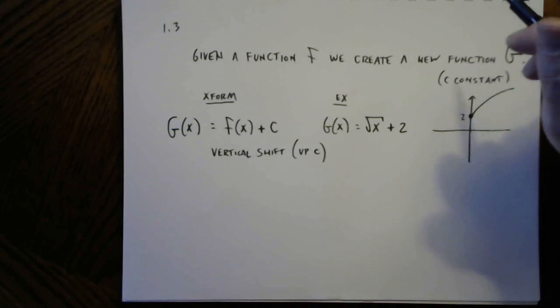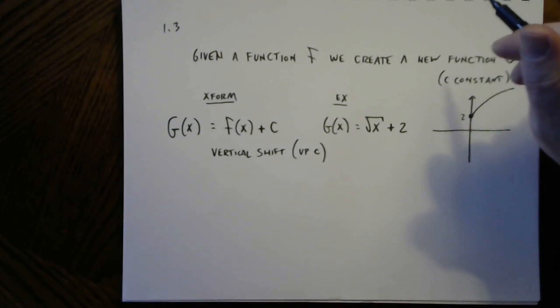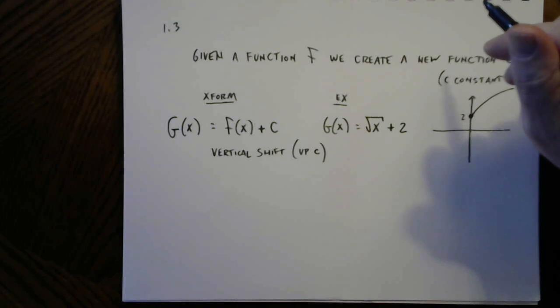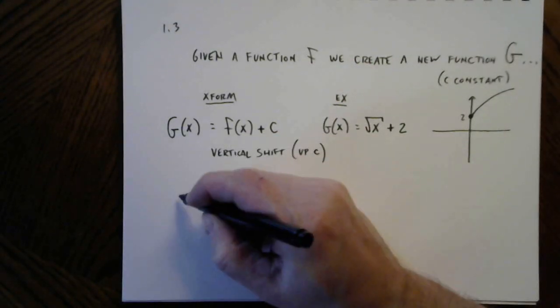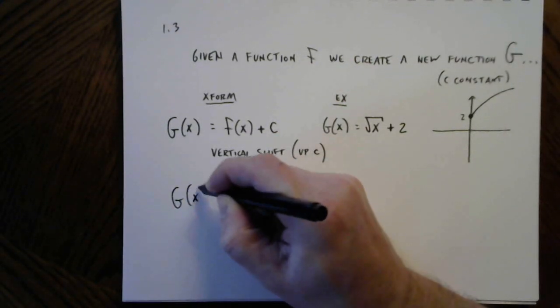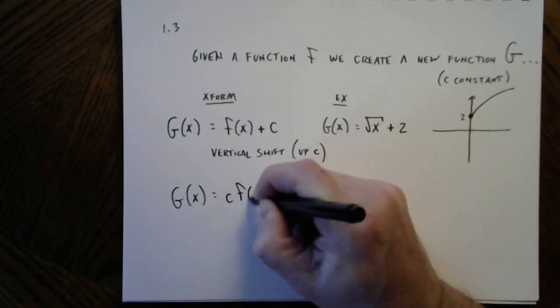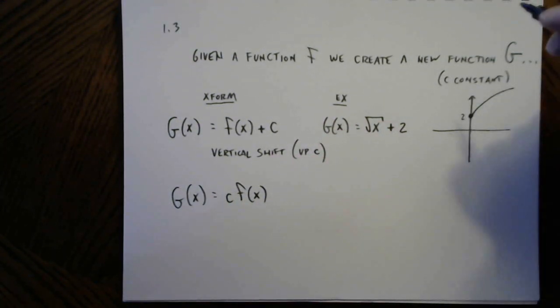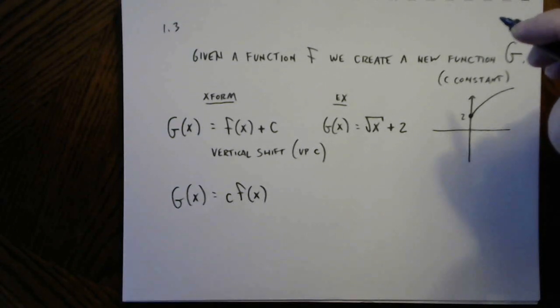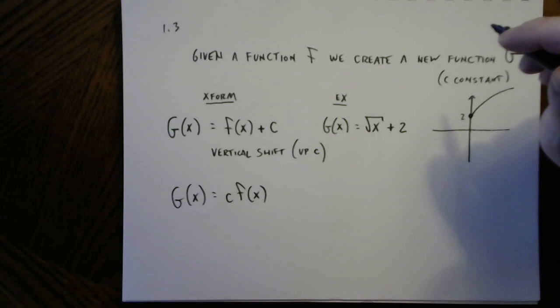So that's a shift. The next one is a scaling. I want to write it this way: g of x equals, and now I'm going to take the old essential function and multiply it by some value c.